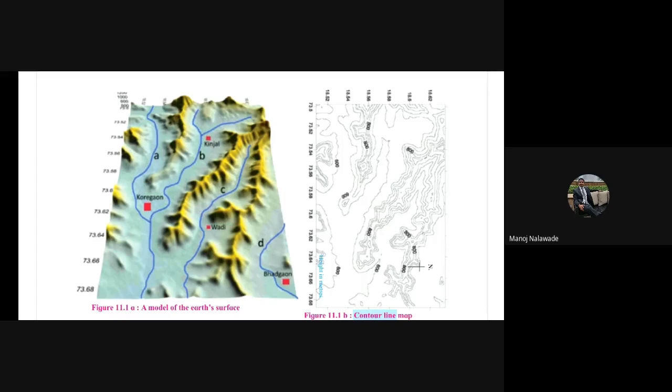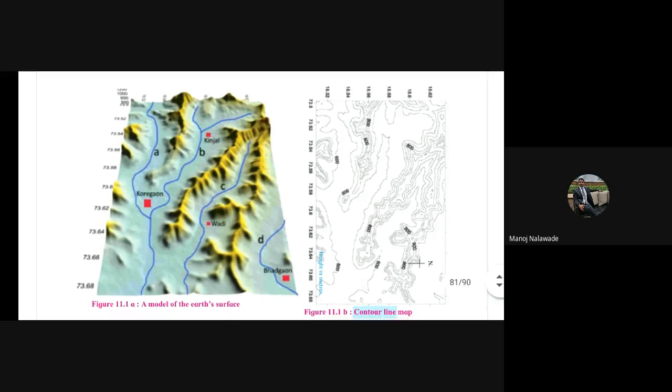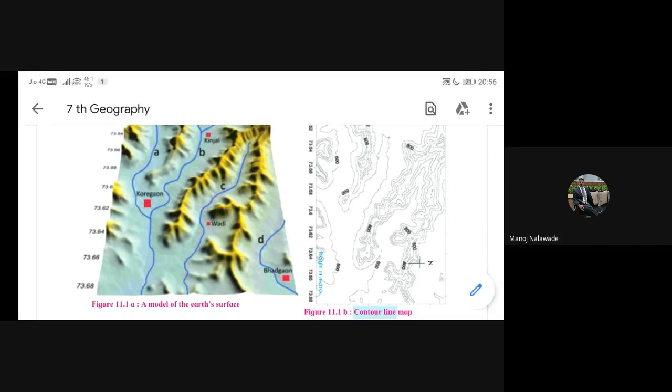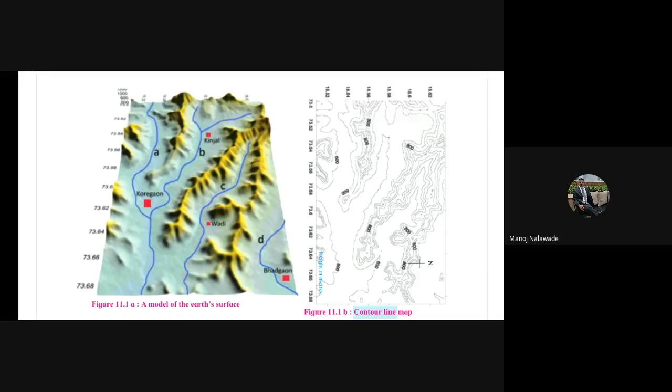And see here the contour map of the same surface in the second figure 11.1b, how it is shown on paper. So this is nothing but the satellite image. The satellite image will show the actual physiography.